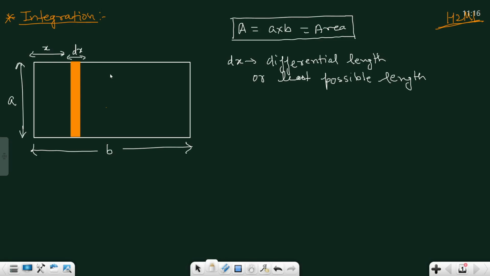Okay, and the height of this strip is A.